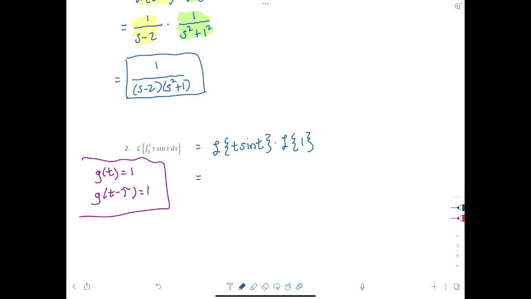And so that's going to give us, for the first one, remember, we know the Laplace transform of sine at t. So we would have negative 1 to the 1 times the first derivative with respect to s of this Laplace transform of sine at t times the Laplace transform of 1, which is 1 over s.